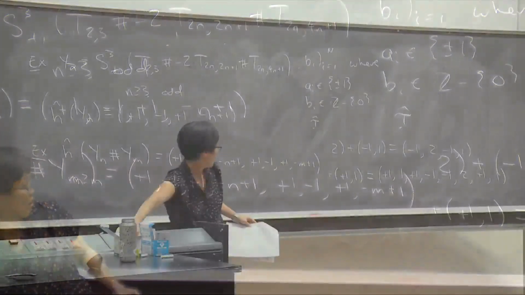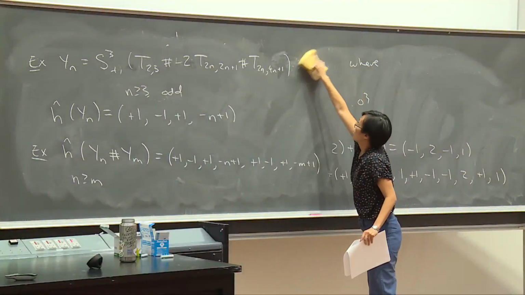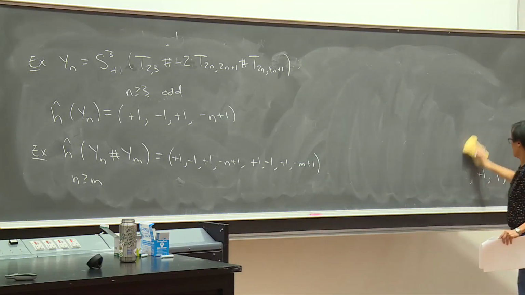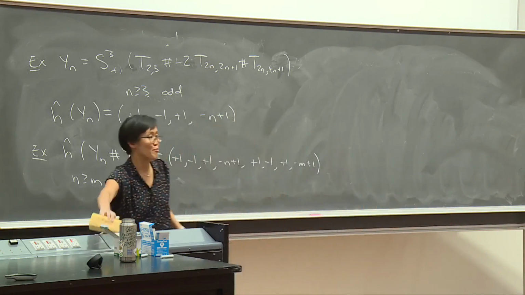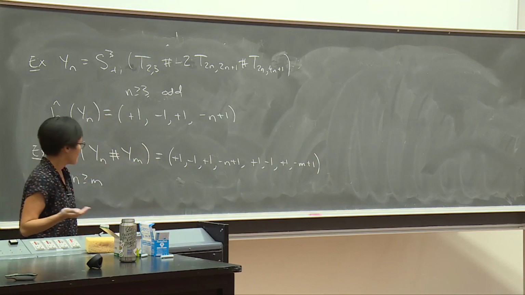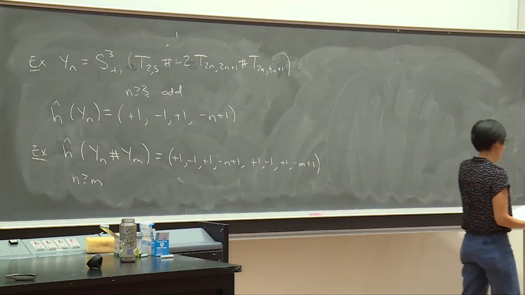Great. And so why are these examples particularly useful for us? Well, maybe these manifolds look familiar. These are the manifolds that showed up in Theorem 2, which said that the homology cobordism group is not generated by Seifert fibered spaces.